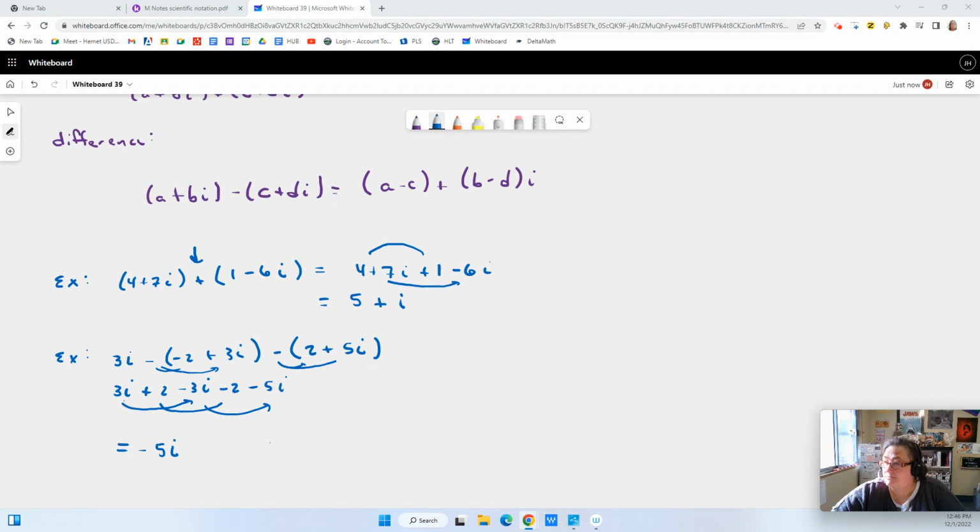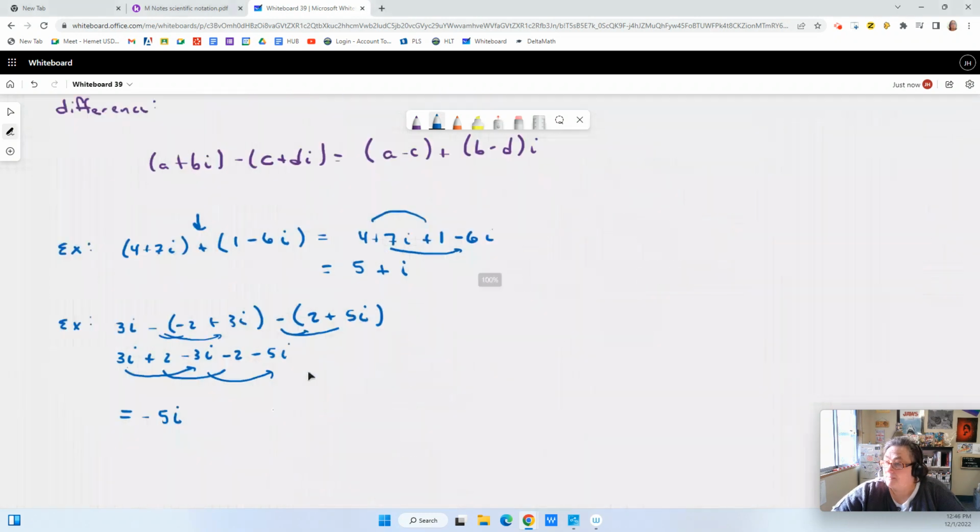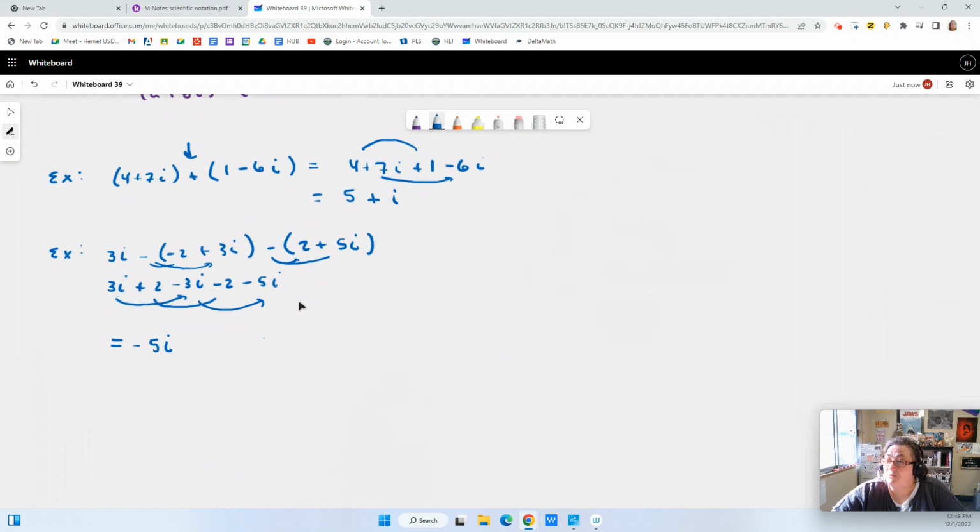Like if I have a problem, one thing to remember is it's only a difference problem if the negative comes in between or before a parentheses, right? Because it's the only time we have to treat it any differently. It's the only time we have to distribute that negative.